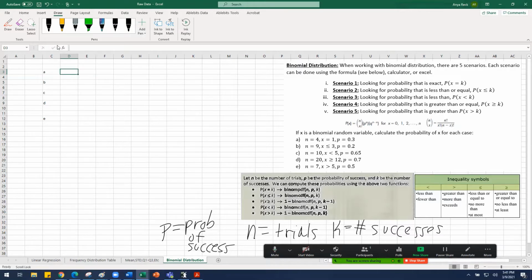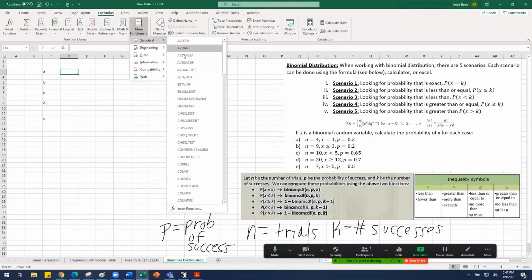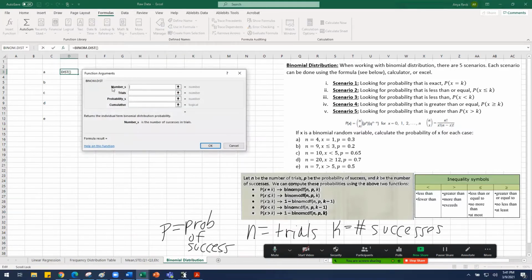So when you're using Excel, you click an empty cell, go to Formulas, More Functions, Statistical, and use the binomial distribution here. Number S is the number of successes, which was 1. Trials was the N value, 4.